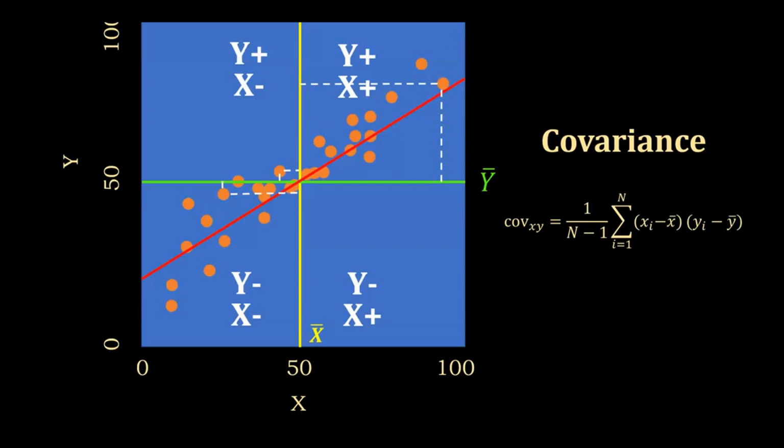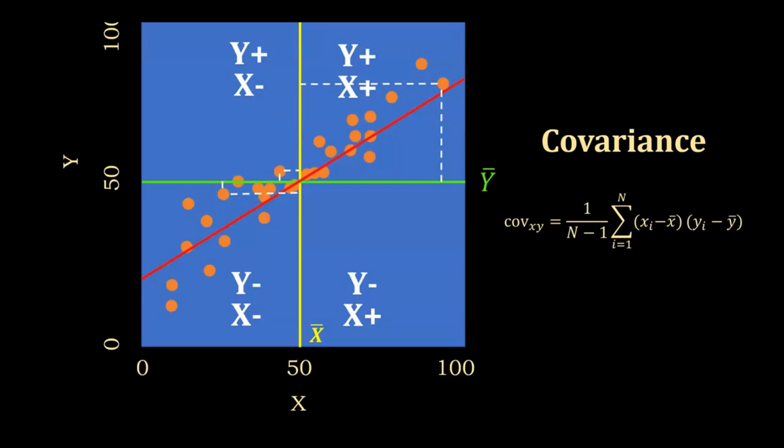On the bottom left corner, we've got 2 negative values. When we subtract the mean of y from any of these orange dots, we obtain a negative value, and when we subtract the mean of x, we also get a negative value. Now, when we multiply these 2 negative values, we get a positive value.